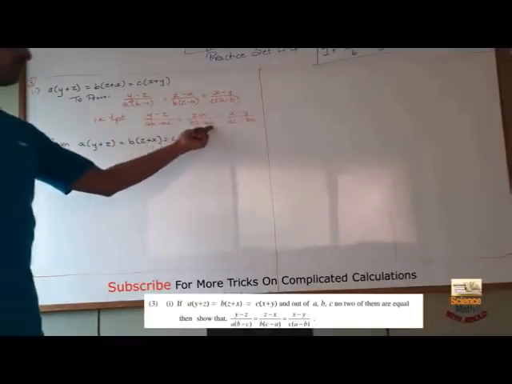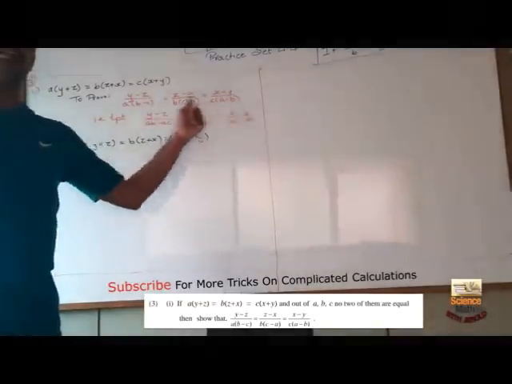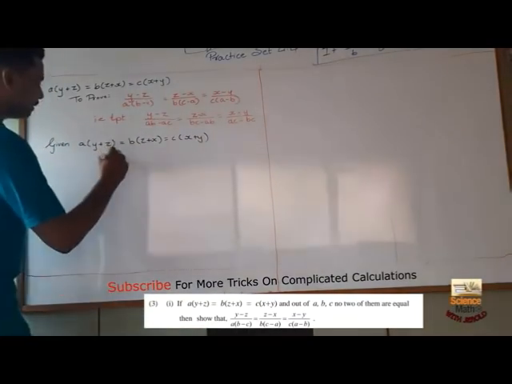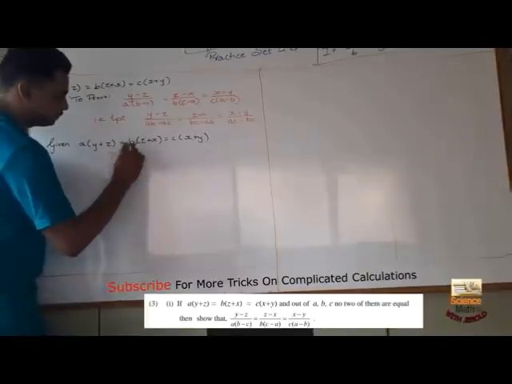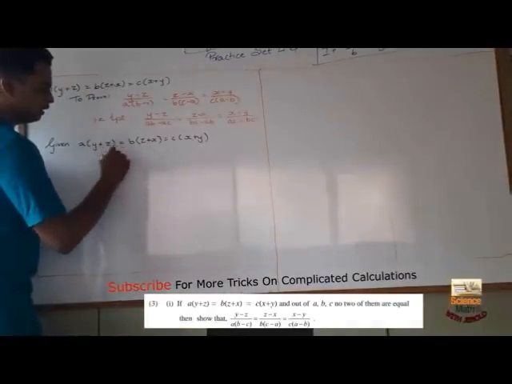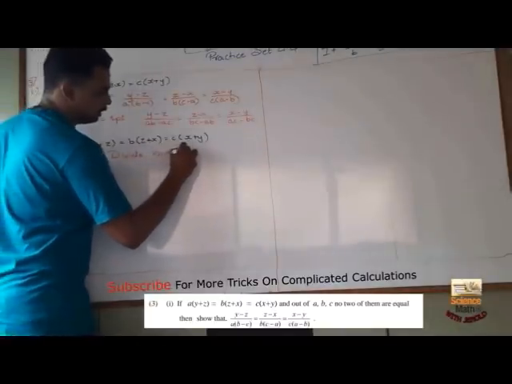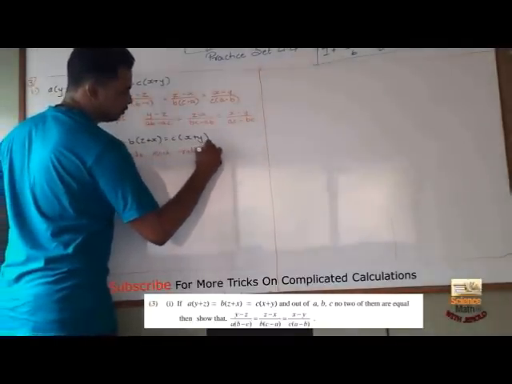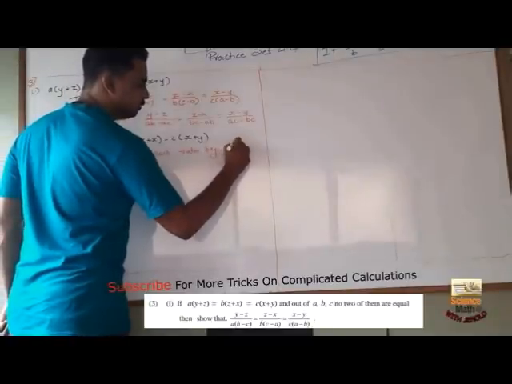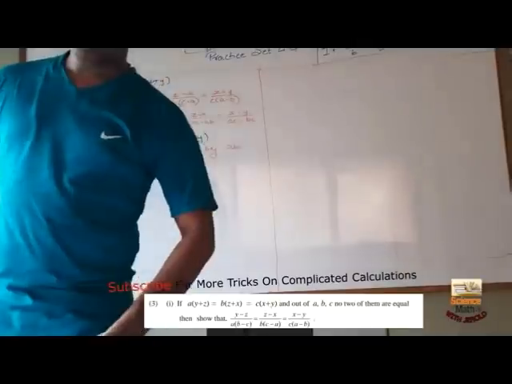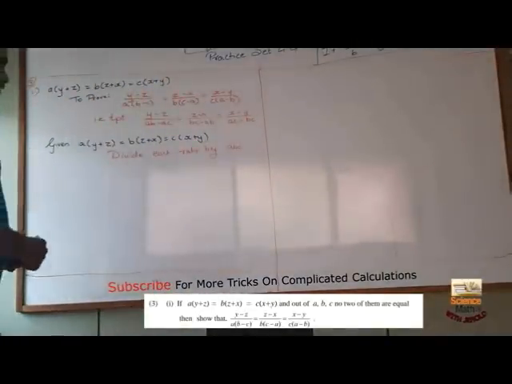If I have b, I want c and a. If I have c, I want a and b. Therefore, what I will do is divide each ratio by abc. This is how I will be solving it.